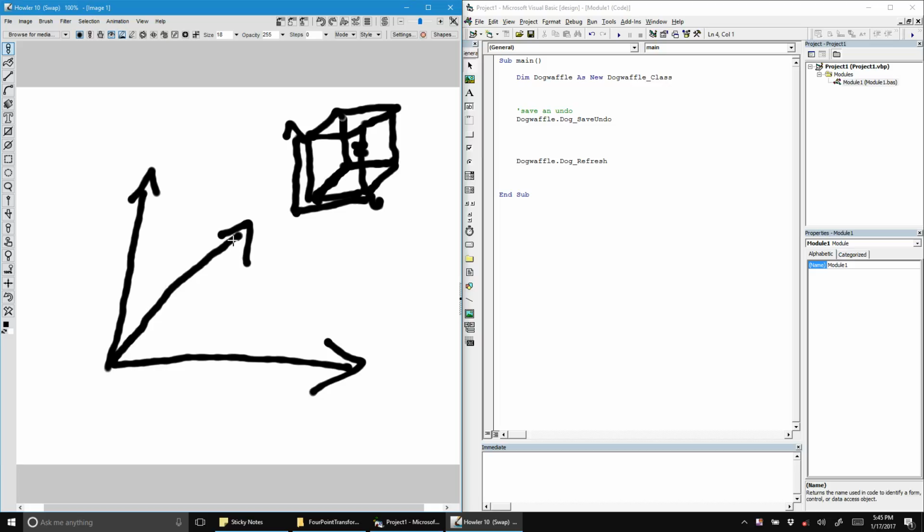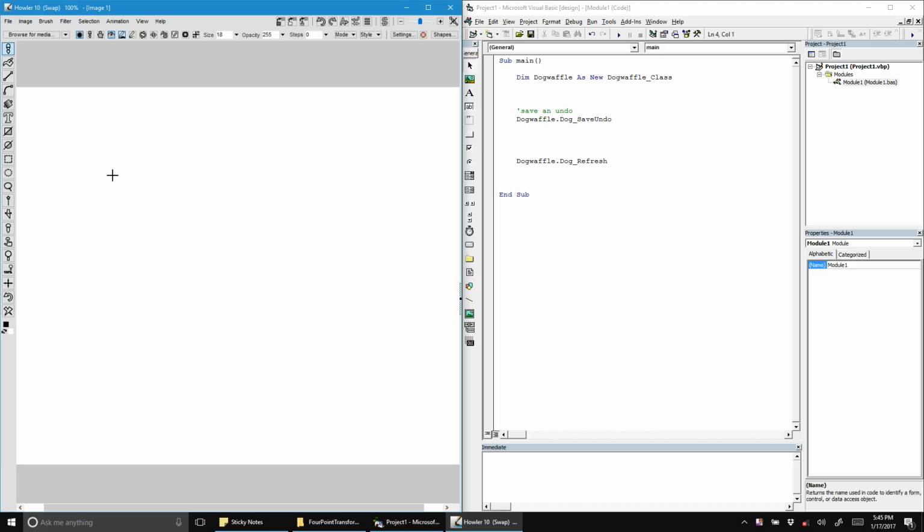Okay, so as I was saying, we have this coordinate system, and each axis on this coordinate system is defined by a vector. As we said before, we did some vector math earlier. A vector is basically a set of numbers as opposed to a scalar, which is a single number. A vector is a set of numbers like x, y, and z, or red, green, and blue, but in this case, it's x, y, and z.